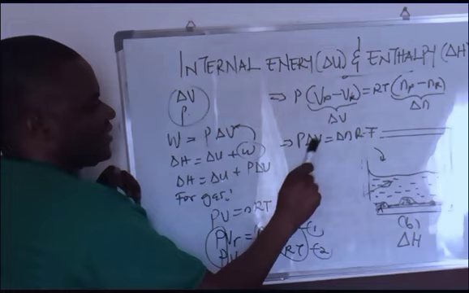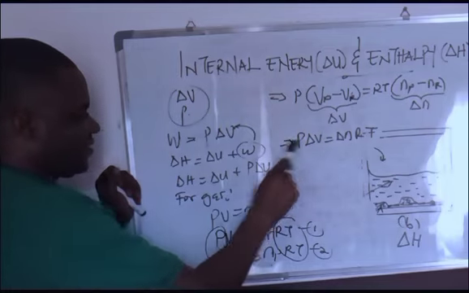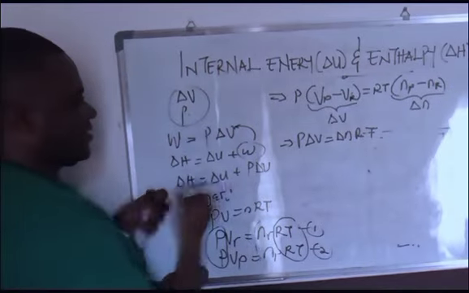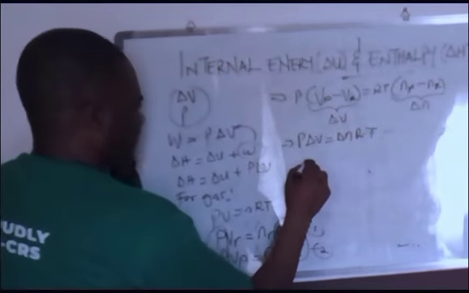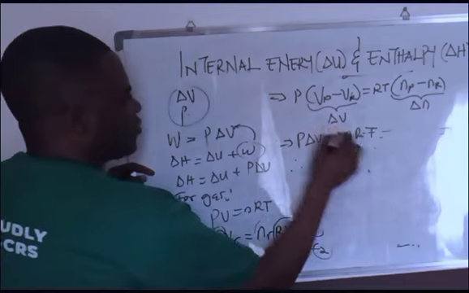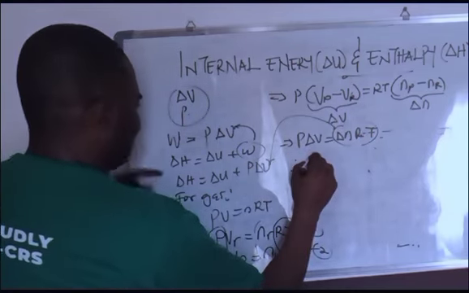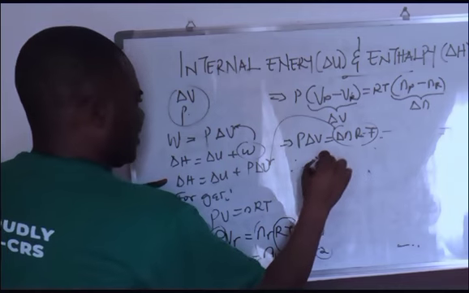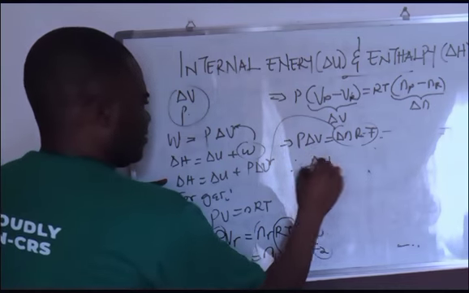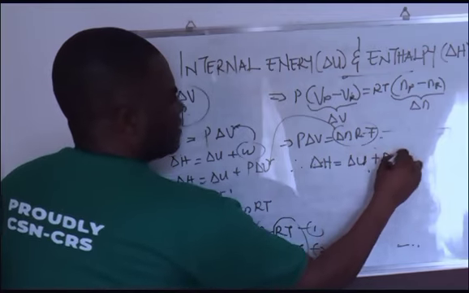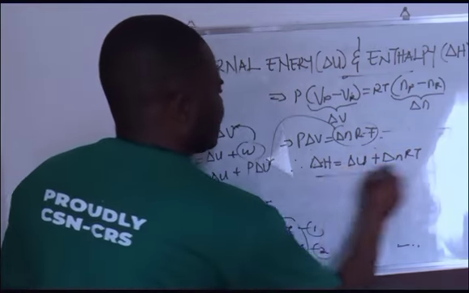So you substitute this equation for this in this one, and therefore you will have that delta H is equal to delta U plus delta n RT for a gas.